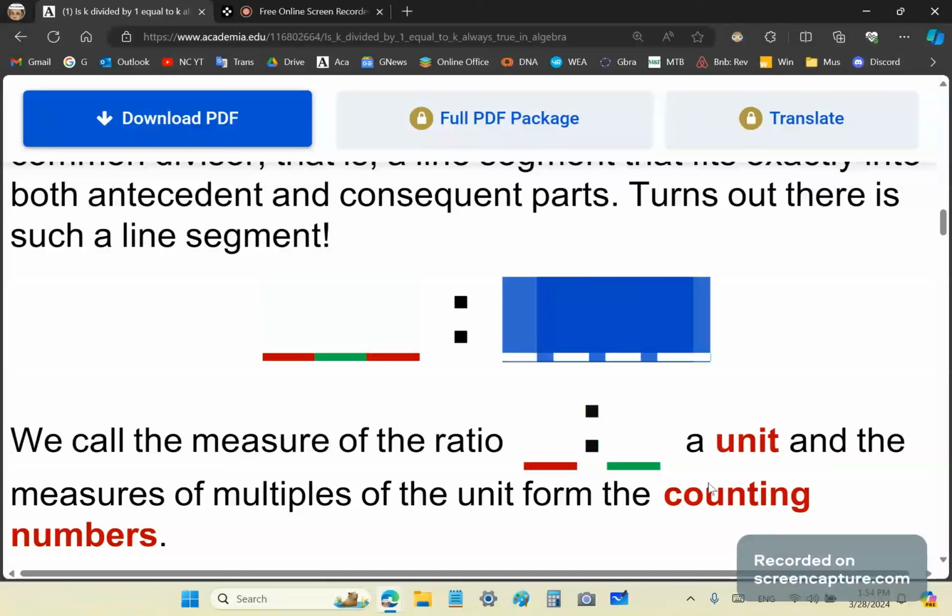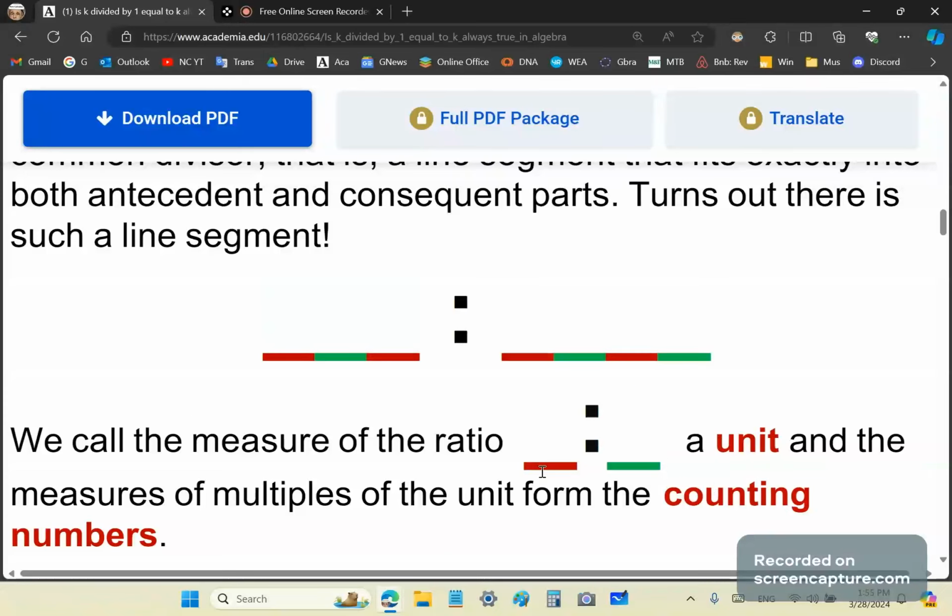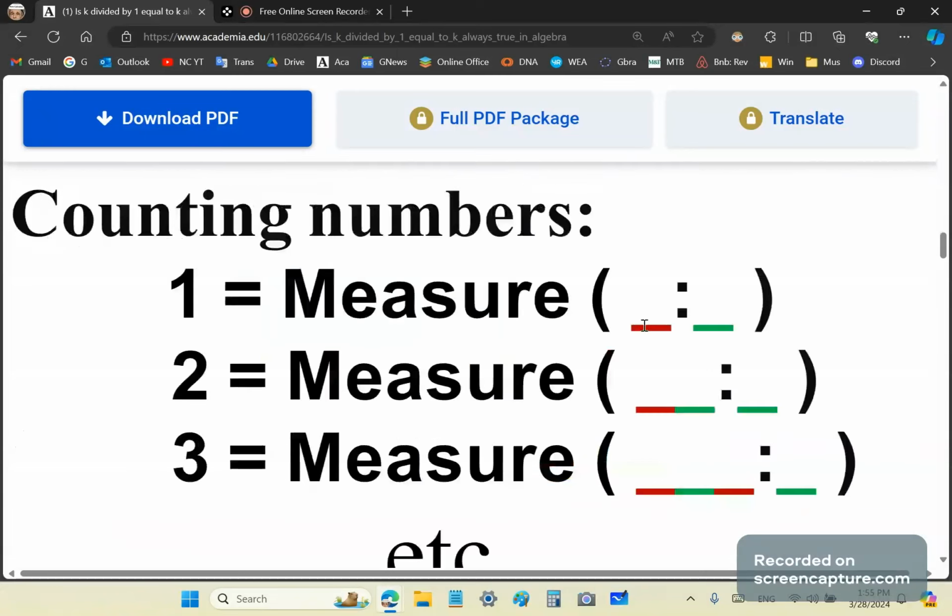So we'll call the measure of this ratio, the same little line segment to itself, a unit, okay? And the measures of multiples of the unit will form the counting numbers. So we'll say the measure of this ratio is 1, or 1 over 1, by the way. We write just 1 because we don't feel like writing 1 over 1. And here we write 2 because we're lazy. We don't write 2 over 1, 3, etc.